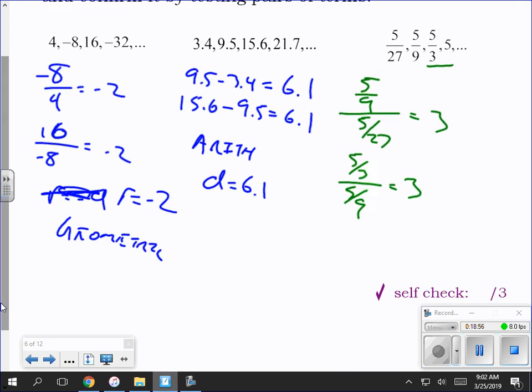So this one would be geometric, and R equals 3. I'm multiplying by 3 each time. So my next number in the sequence would be 15. One after that would be 45, and so on. Okay. I like this because if it's a goofy one like this, or a goofy one like the last one, you can use your calculator to test it very quickly and easily.